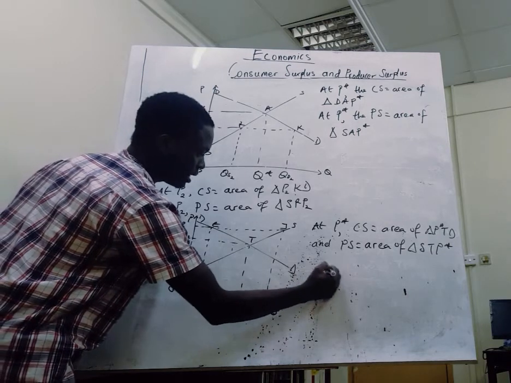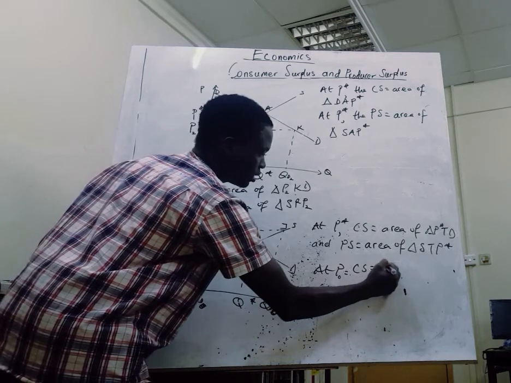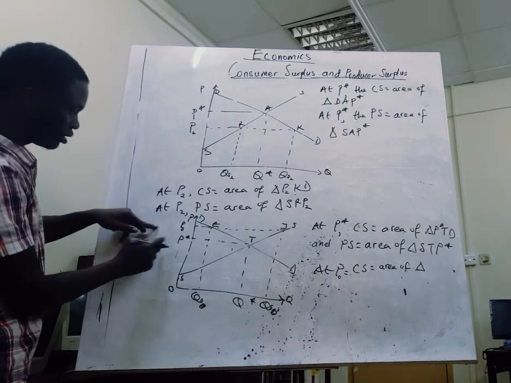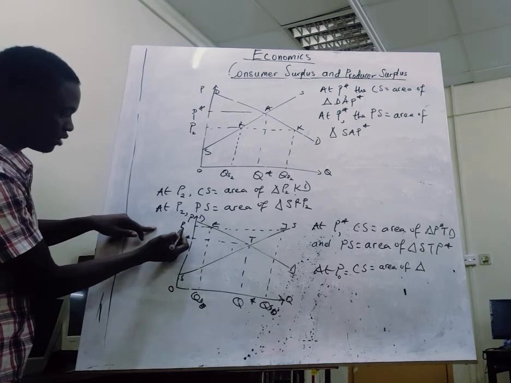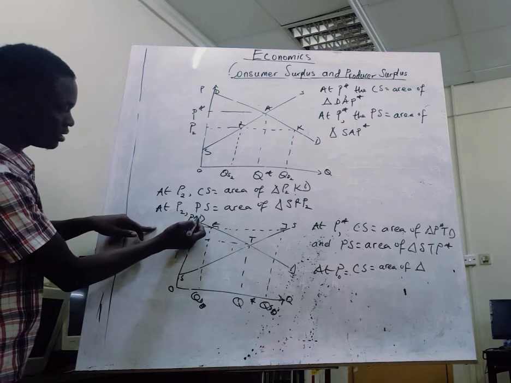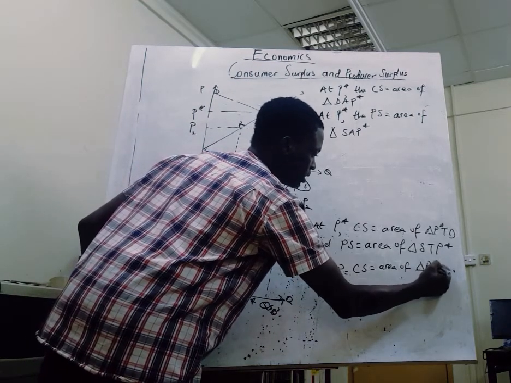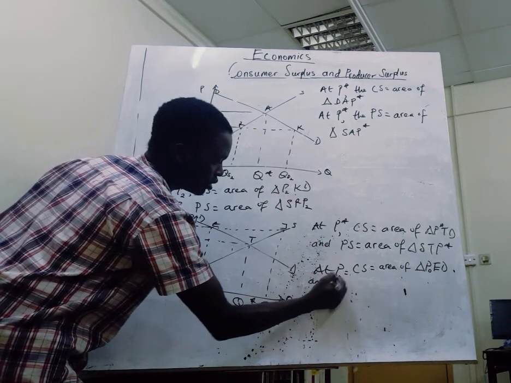So what do we observe now? At P naught, which is the higher price, CS is equal to the area of triangle. Look at where it is intersecting the demand curve: P naught, E, and D, which is of course very small. Now what about the producer surplus?